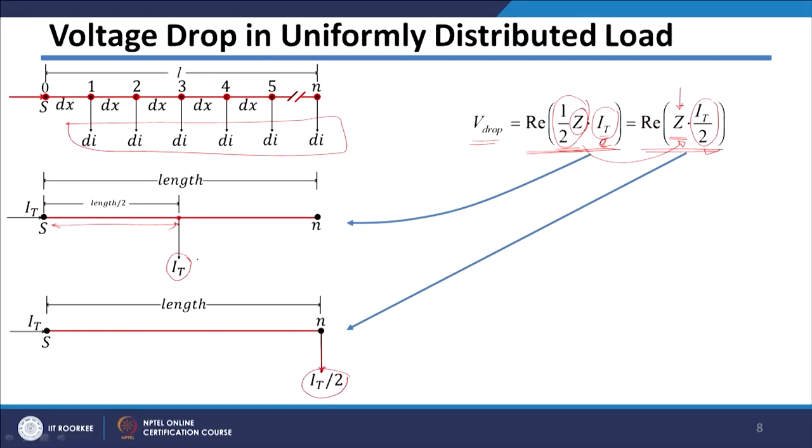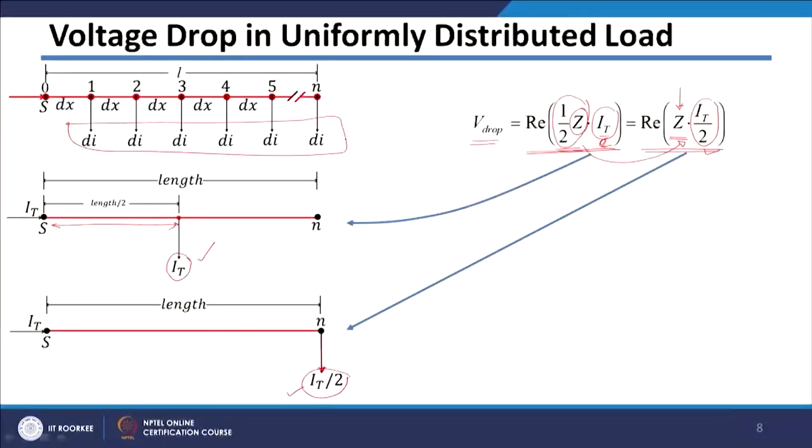So, I can lump load at the middle or I can lump load at the end. When I am lumping at the middle, I need to model the total load, but when I am lumping the load at the end, I need to model half of the total distributed load which is connected.